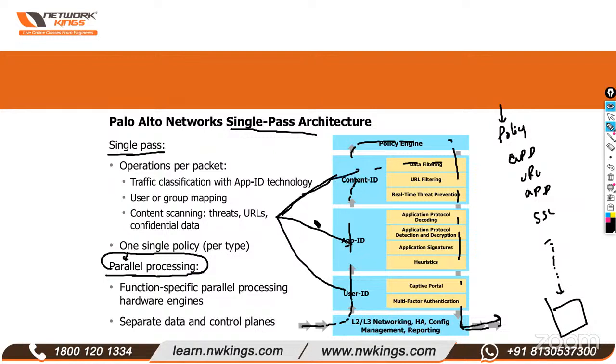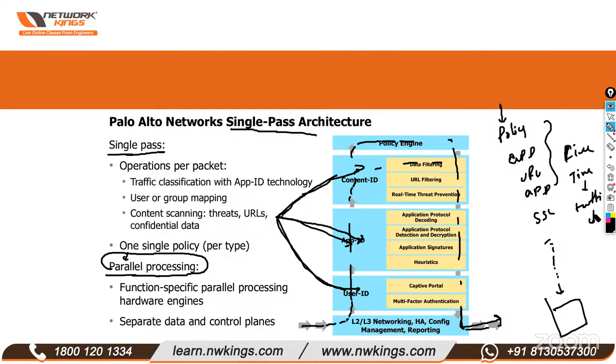Parallel processing means that particular traffic will be copied into different IDs, like content ID, app ID and user ID, and it will be passed at the same time. So the resources of that firewall will be reduced, and the time consumed to process that traffic will be reduced as well.